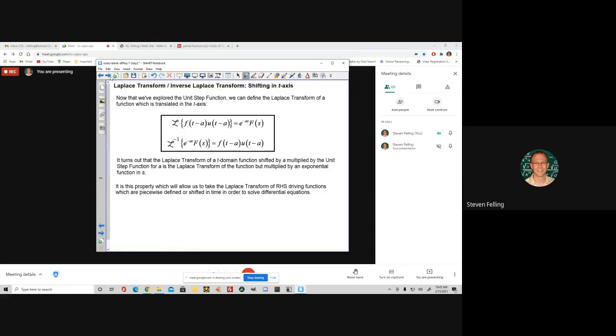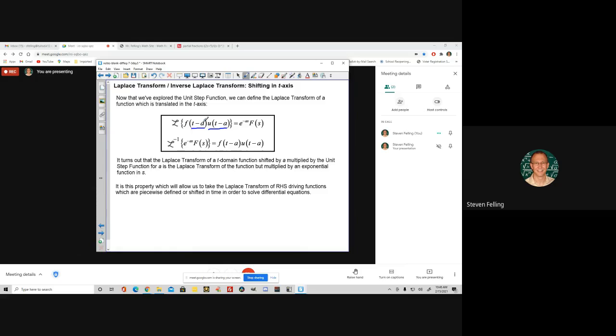It turns out that if you take a Laplace transform function f of s that's not shifted, but you multiply it by e to the negative as, that's equivalent to a shift in the t-domain, but also multiplied by a unit step function with that same shift. So it's a complete shift and turn on of the f function of the value a. Okay.